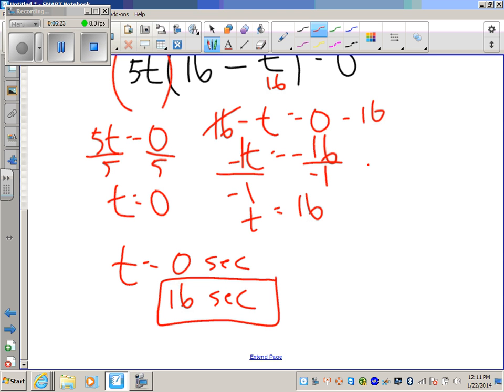Negative t equals negative 16, right? Can I add t to both sides? So 16 equals t. Same thing. Faster? Better?